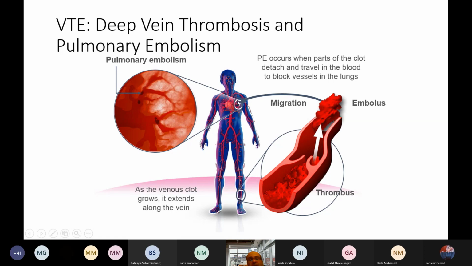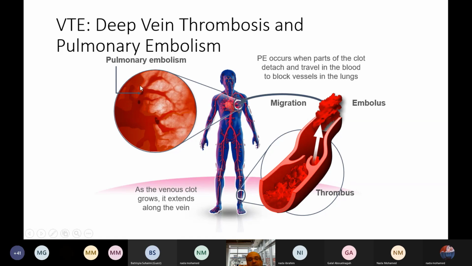Nothing will be done. Then the heart will pump it to the lung. Whenever the thrombus is pumped to the lung, the lung acts as a filter, and the pulmonary arteries will be blocked or plugged by this embolus, resulting in what's called pulmonary embolism.